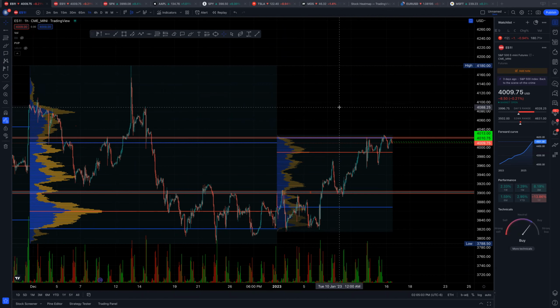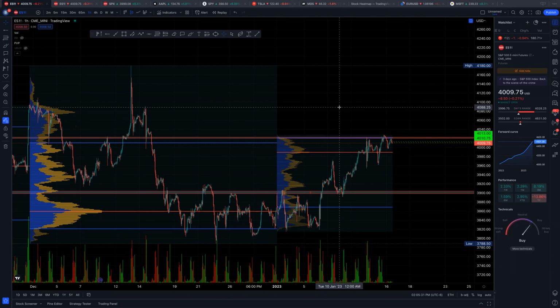For example, yes, you can use this with SPY as well. Actually, me and Max and Ghost were talking about it. On ES and on SPY, the volume profiles are going to be pretty much the same. I do not recommend using it in SPX because the volume is not going to be there to help you.